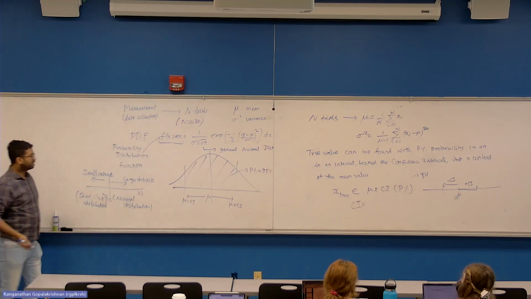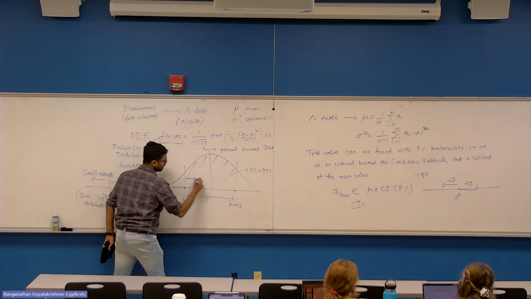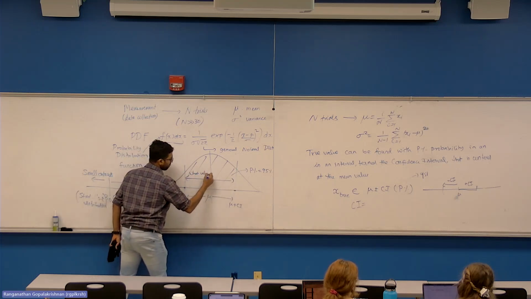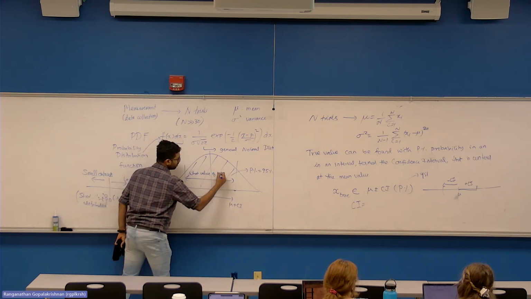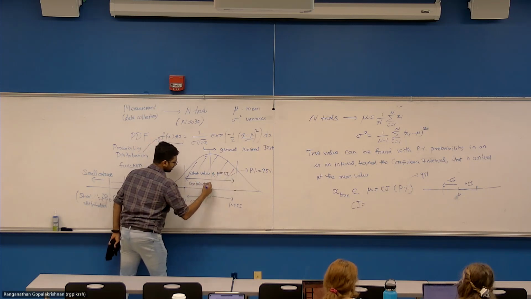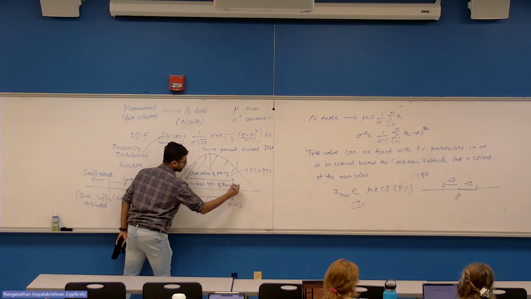So it's like asking what value of mu plus or minus CI contains 95% of the area. How will you answer that question?